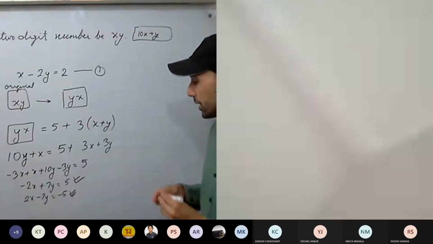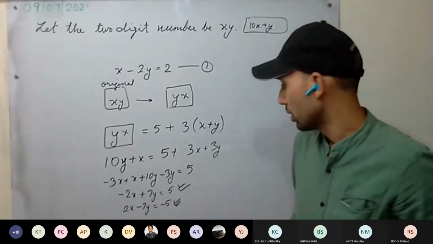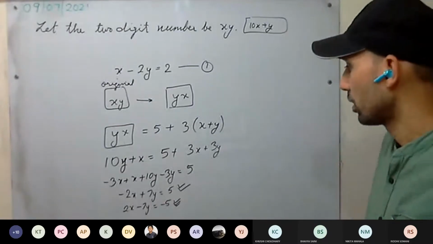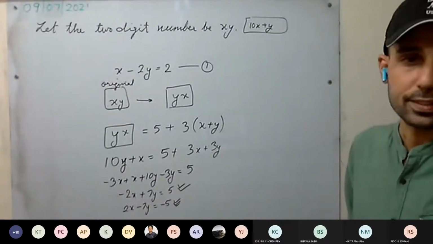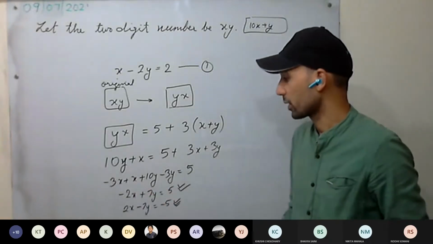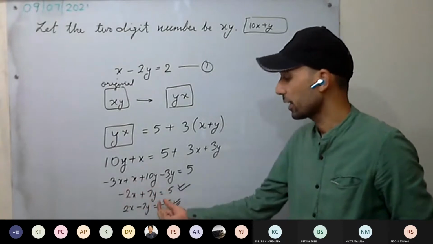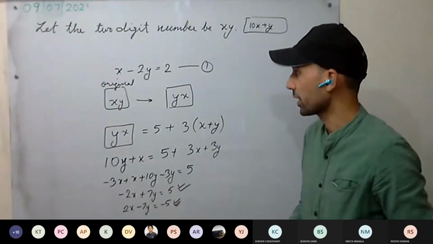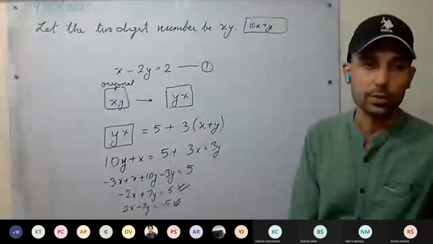This is the first. Second equation, any of these two you can take and solve. My second equation is 7y minus 2x is equal to 5. Yes, that's the same only. First we are arranging the x term, then y term. So rearrange that. That's up to you.